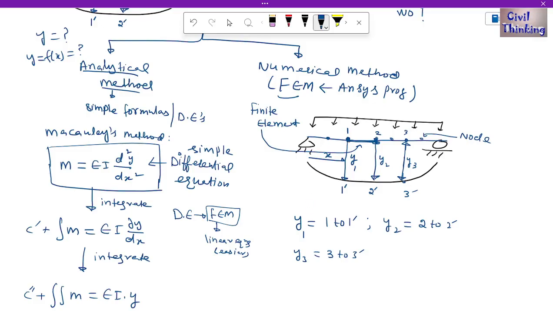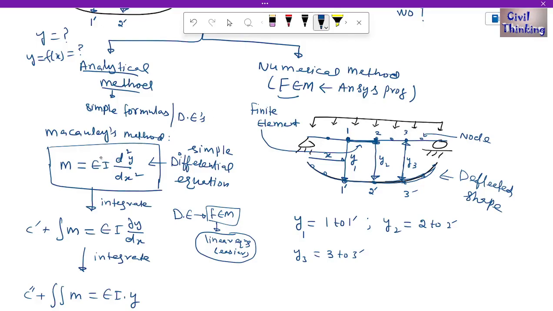It calculates the deflection at each point using these linear equations, and then we get the displacements at every point. We join them and we get the deflected shape.